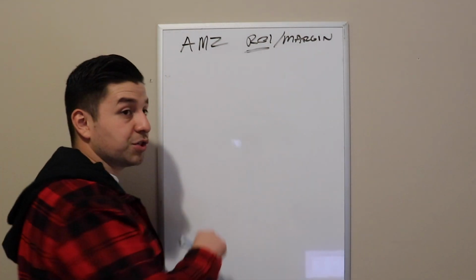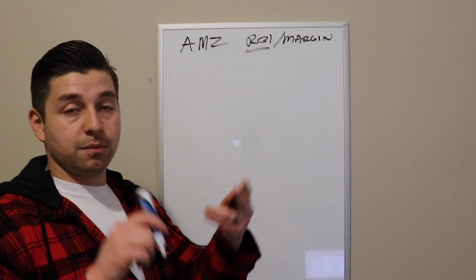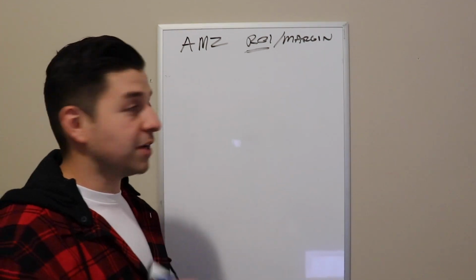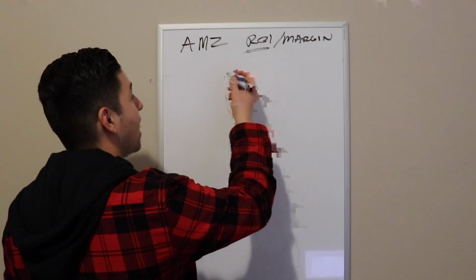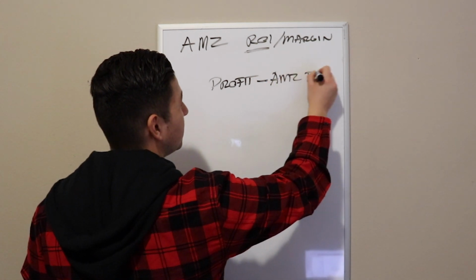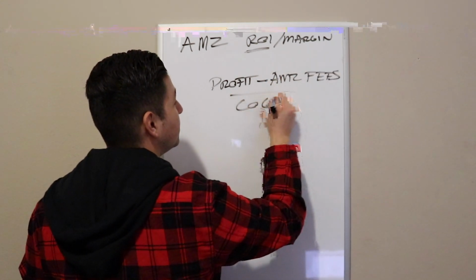So now let's do the same exact thing with ROI. So you remember the original formula is profit divided by cost of goods sold will give you your ROI, or return on investment. So this is very similar, we're just gonna add the fees. So profit minus AMZ fees divided by cost of goods sold.